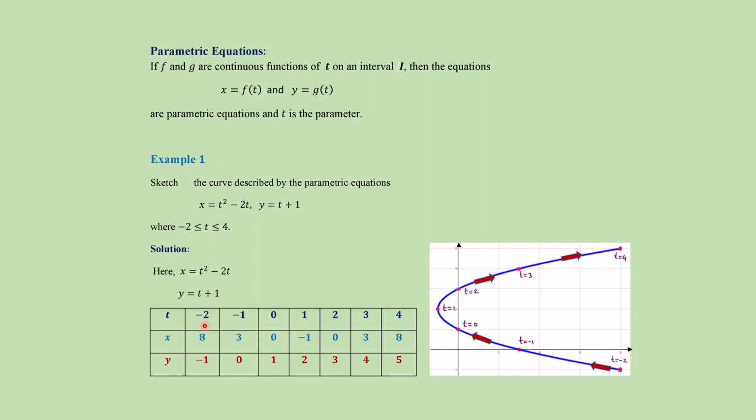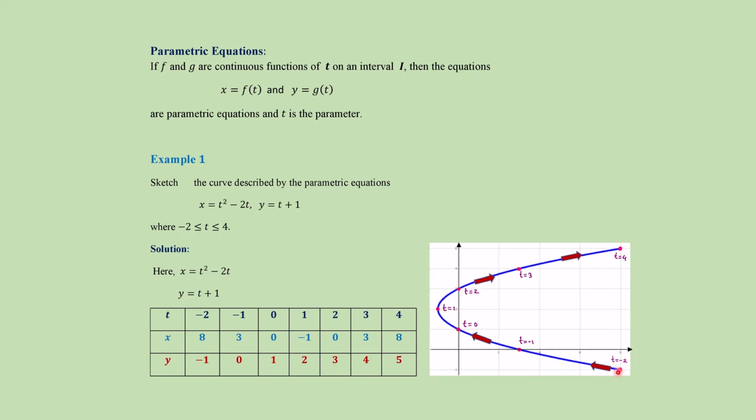When t equals -2, if you plug t equals -2 here, you will get x equals 8, and you will get y equals -1. So this is the x-axis, this is the y-axis. When t is -2, x is 8, so it will go 8 units this way and 1 unit below. So this is the point when t equals -2.